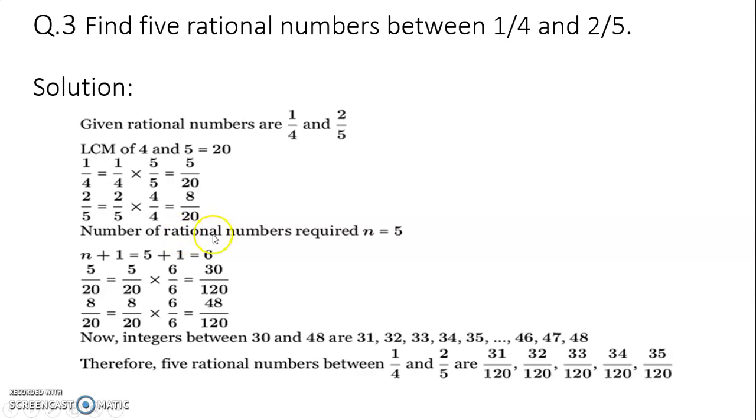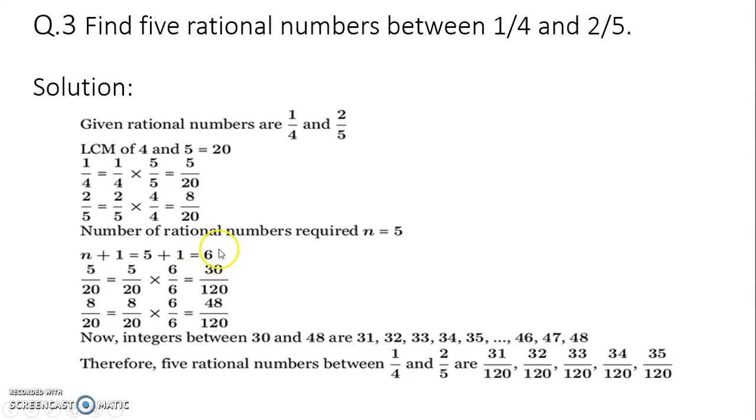Now we need the number of rational numbers required. They have said to find the 5 rational numbers in between these. Correct? So we can say that n is equal to 5. If n is equal to 5, n plus 1 will become 6.